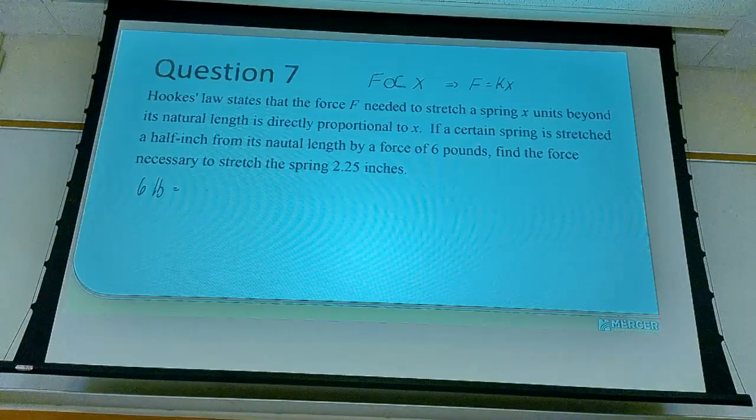And so F is 6 pounds, and k is 0.5. K is not 0.5. It's a half inch, x is 0.5. I'm going to use decimals here because they actually use decimals in the problem.